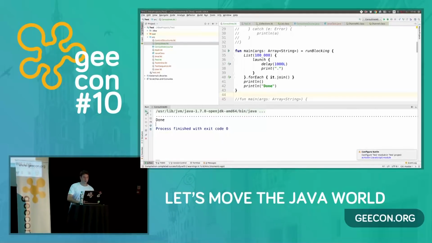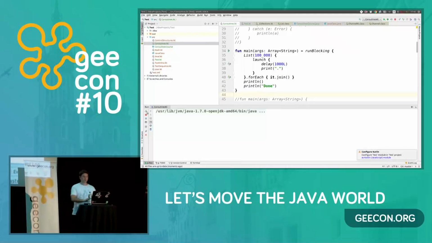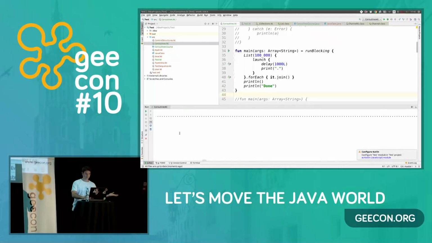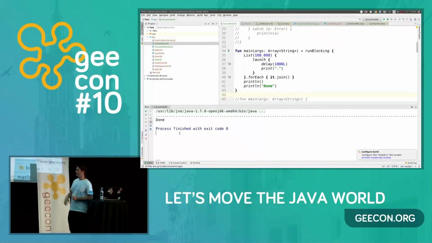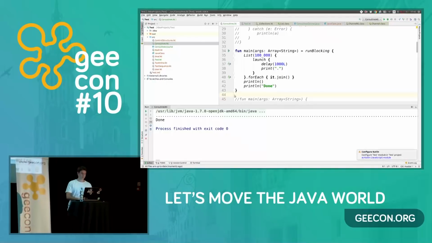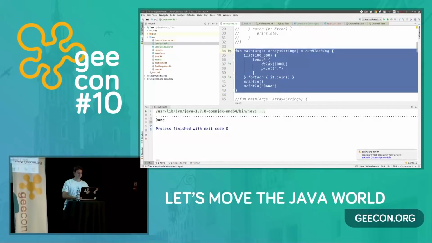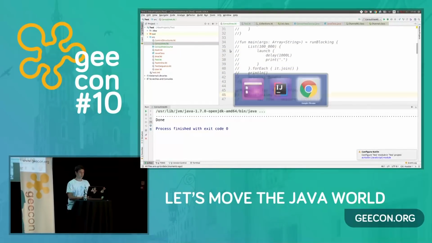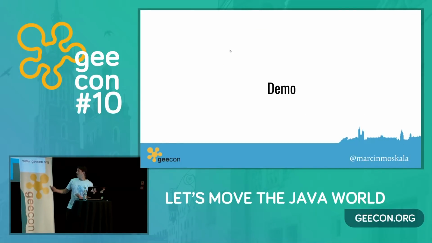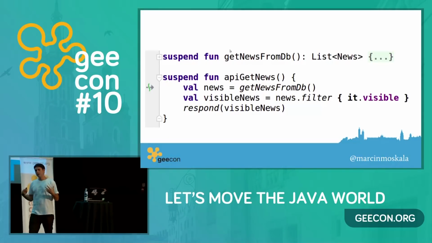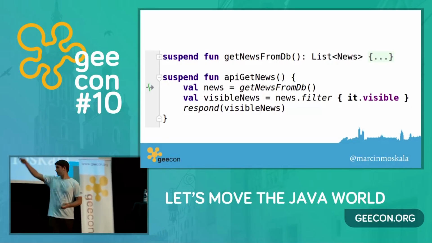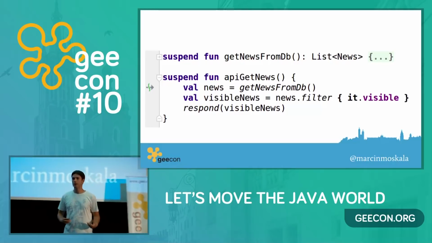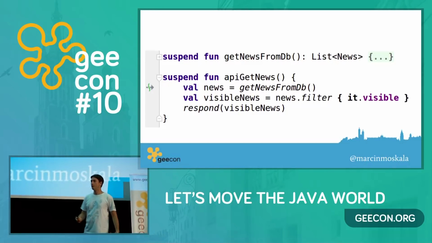With threads it was slowly printing, and here you have nearly immediate output, and it's all printed. So it's much faster, because coroutine creation is much faster than thread creation.